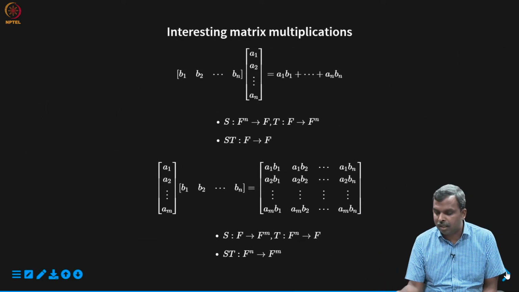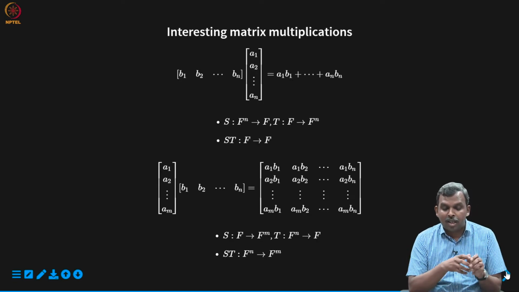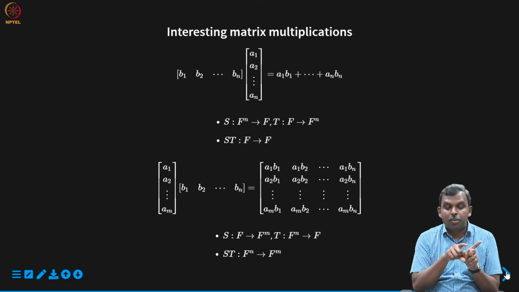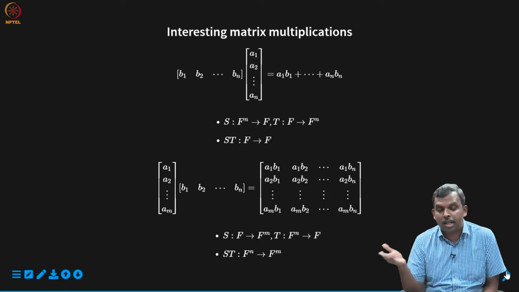The first two things I will talk about are a couple of interesting matrix multiplications. One interesting matrix multiplication is if you multiply a row matrix with a column matrix, both having the same number of coordinates. This is like the familiar dot product, scalar product as it's called. The output after you multiply is simply a scalar: a1 b1 plus so on till an bn.